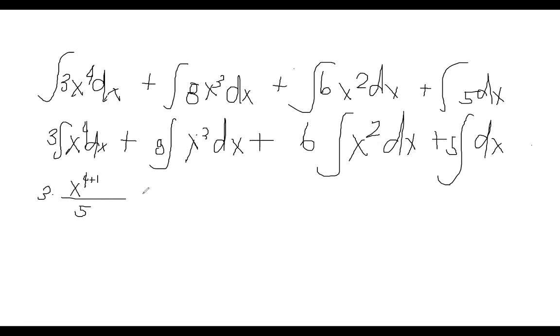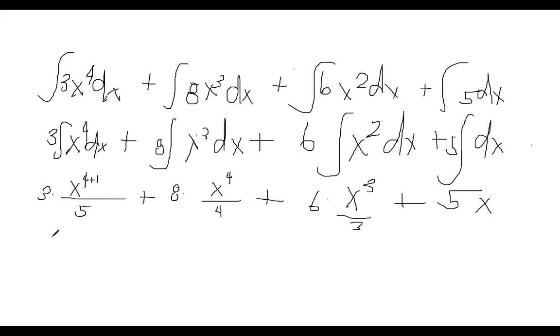Plus 8 times x to the power of 3 plus 1, which is 4, over 4. And plus 6 times x to the power of 2 plus 1, which is 3, over 3. And if it's a constant, we just add an x, since it's dx. So 5x.